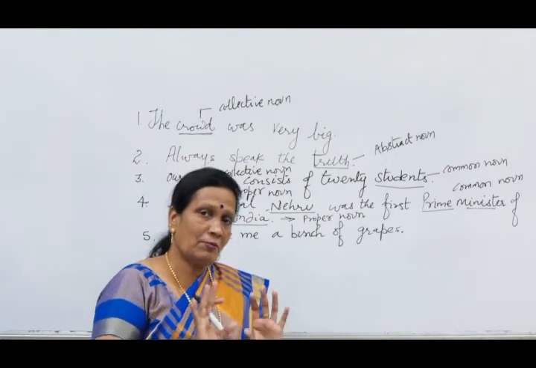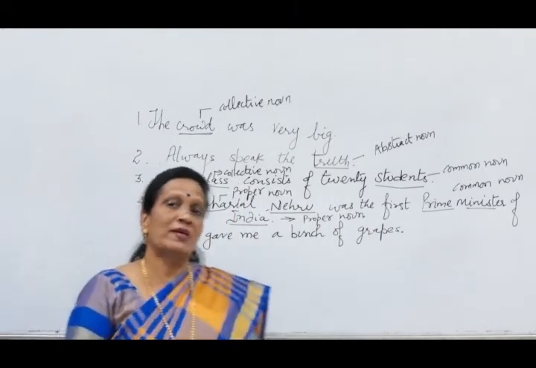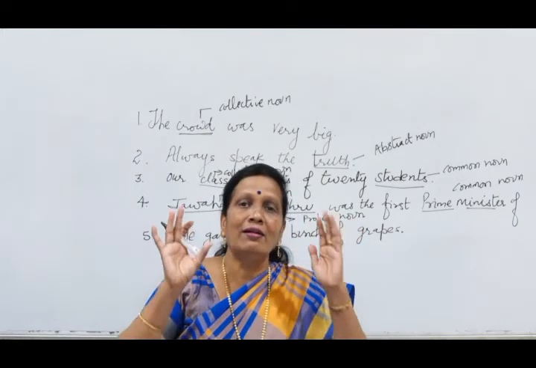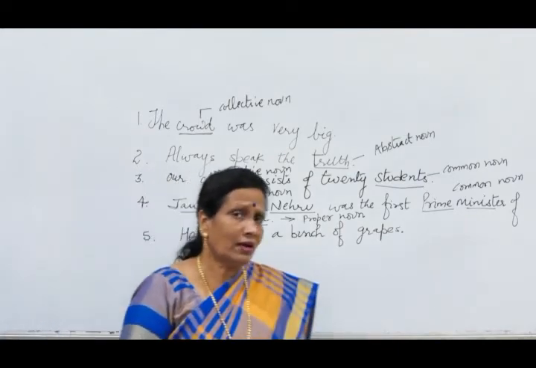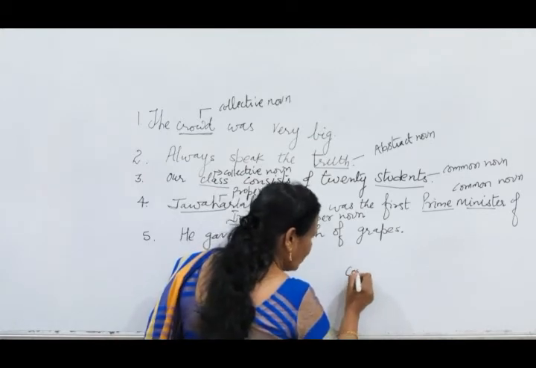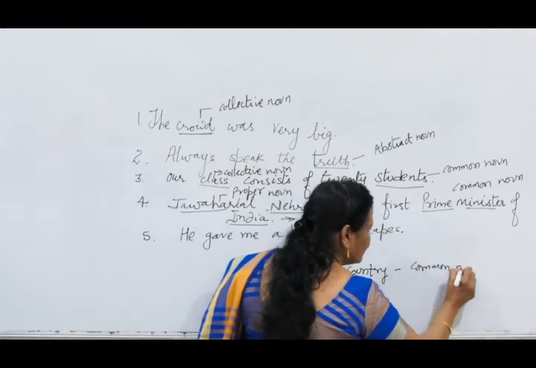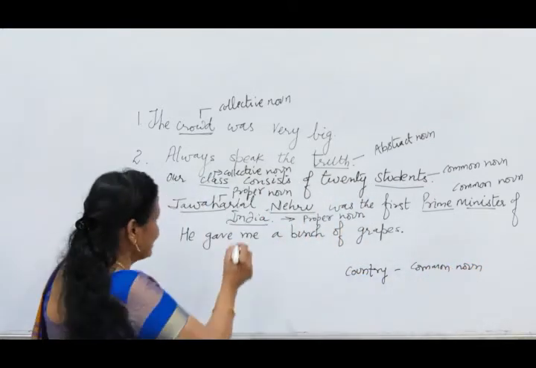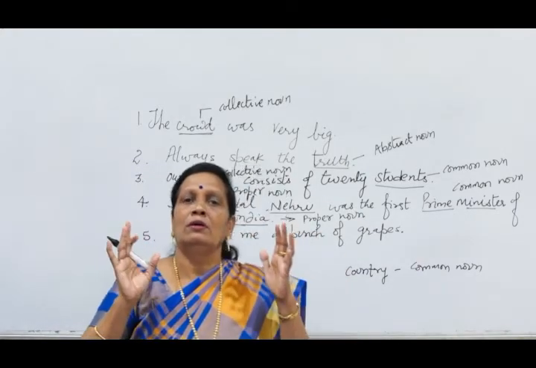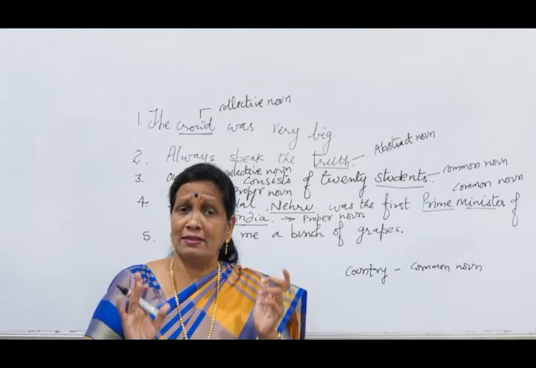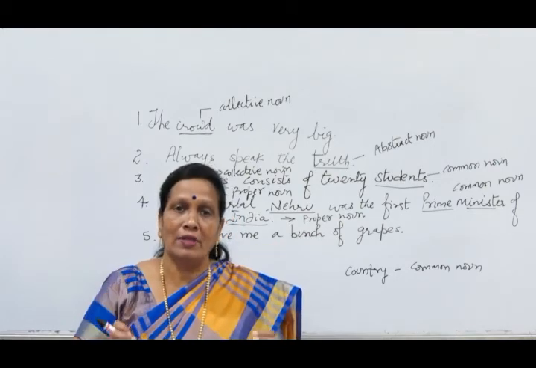Okay, so when we say prime minister, it is a common noun. But when we say Jawaharlal Nehru, when we say Shri Narendra Modi ji, so they are proper nouns. Okay children, India, it's a particular country. When we say country, it is a common noun. Okay, but when we say India, it is a proper noun because we are talking about a particular country. Pakistan, Bangladesh, America, Britain, so all these are proper nouns.